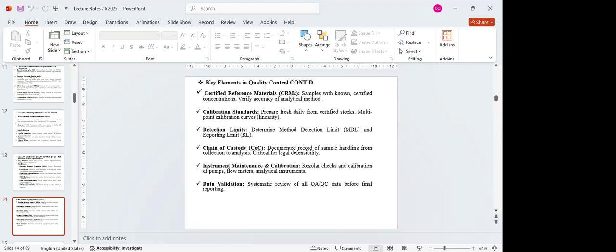And they have the calibration standards, which are done by preparing fresh daily concentrations of certified stocks.